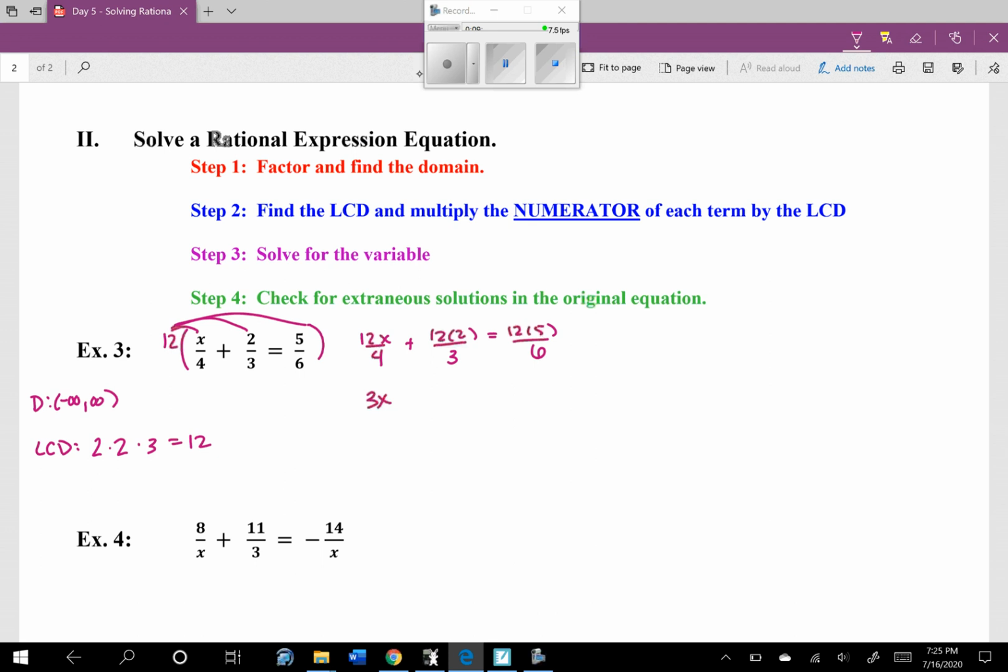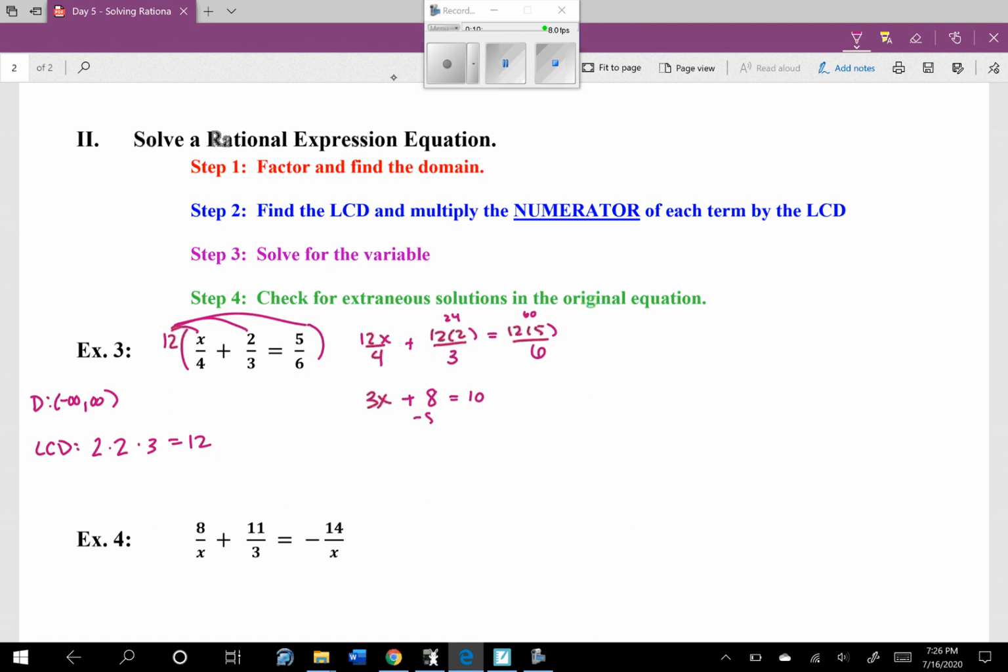Here, this is 24, so 24 divided by 3 means we have plus 8. And here, 12 times 5 is 60, and 60 divided by 6 is 10. So we get 3x plus 8 equals 10. The reason we found the LCD of all the denominators is that when we multiply all the numerators by that LCD, it should cancel out all of your denominators, and then you're just solving an equation.